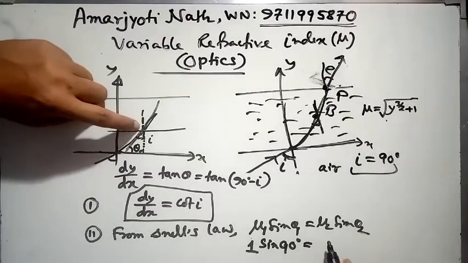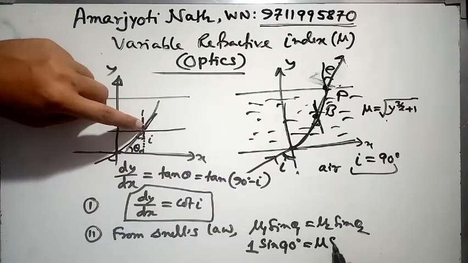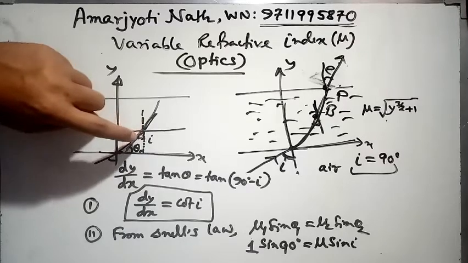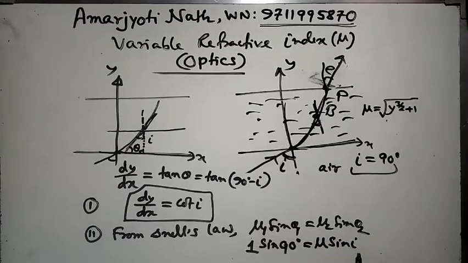And mu2 at this point is mu, and the angle is I. So from this I get mu sin I equals 1, so sin I equals 1 upon mu. Good. So from that I can find cos I equals under root 1 minus 1 upon mu square.